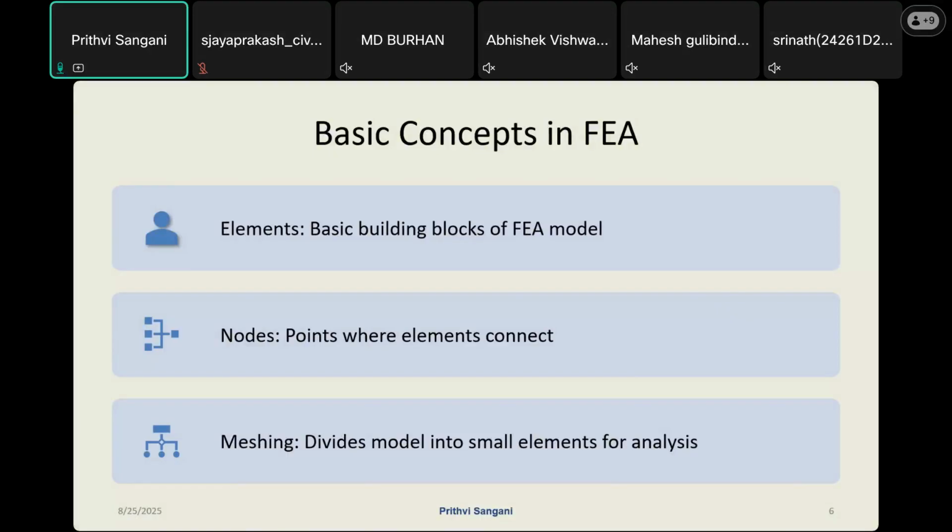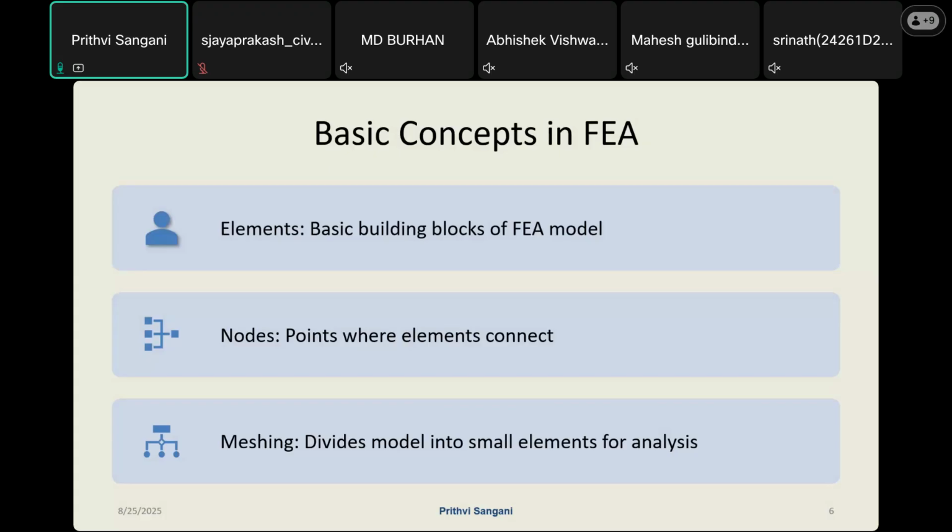We discretize the entire member into several elements, and whatever connects these elements are called nodes. At these nodes we assume deformations. With the deformations, we'll find out the strains. How do you find the strains? Like I mentioned, we differentiate the deformations: du by dx, deformation divided by length, gives you the strain.